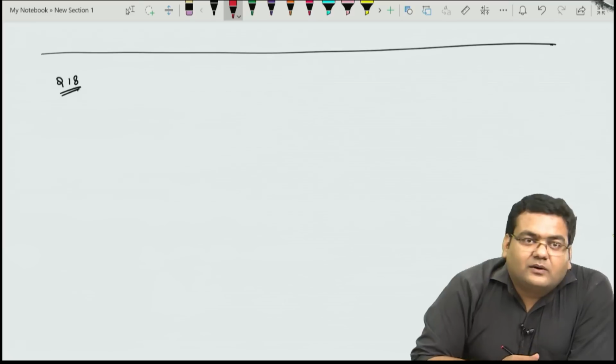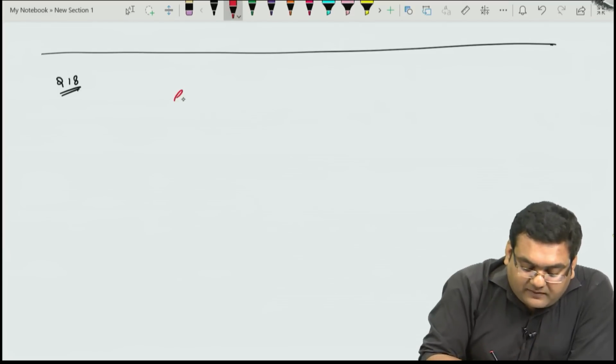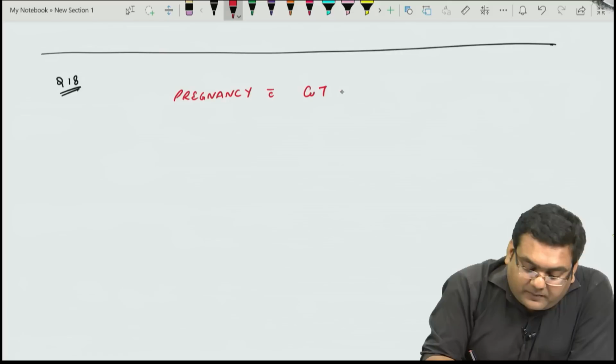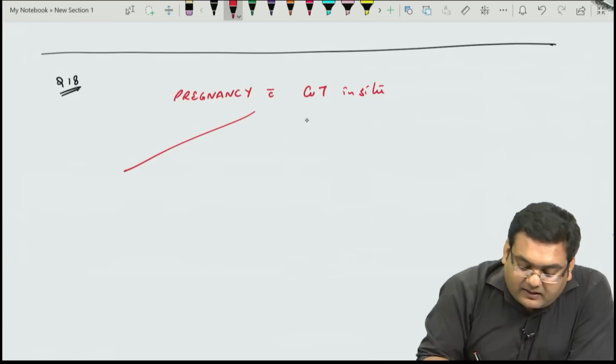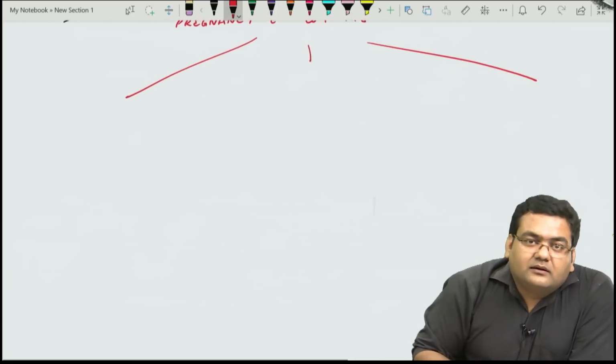Here let us try to answer this question in 3 different settings. Pregnancy with copper T in situ can be divided under 3 categories.